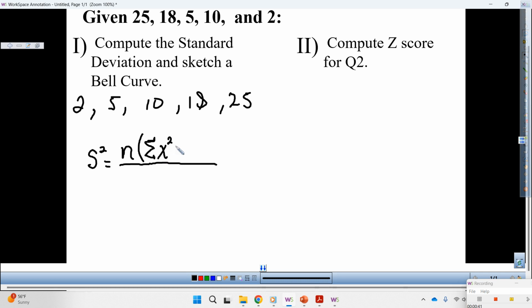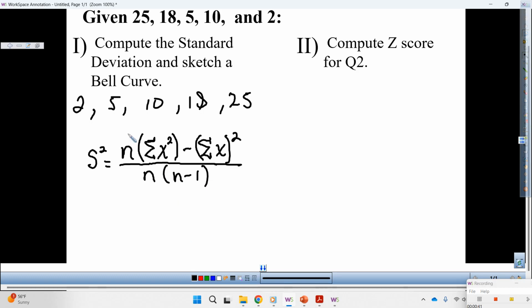X squared, all right, minus sigma, the sum of X and all that. Ooh, AJ in the house. And then the denominator is N times. Let's go. Okay, yeah, not bad.